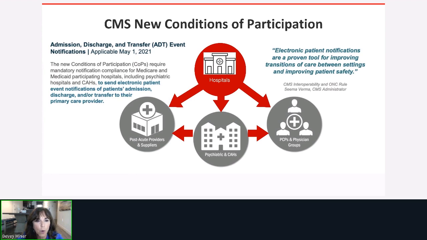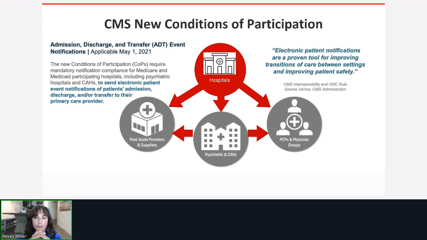The requirement is to send an electronic patient event notification of either an admission, they were admitted to the hospital, that they were discharged, or they were transferred to another care setting. And these electronic patient notifications, they've proven to be a tool for improving transitions of care between these care settings already. Many of these tools have existed.